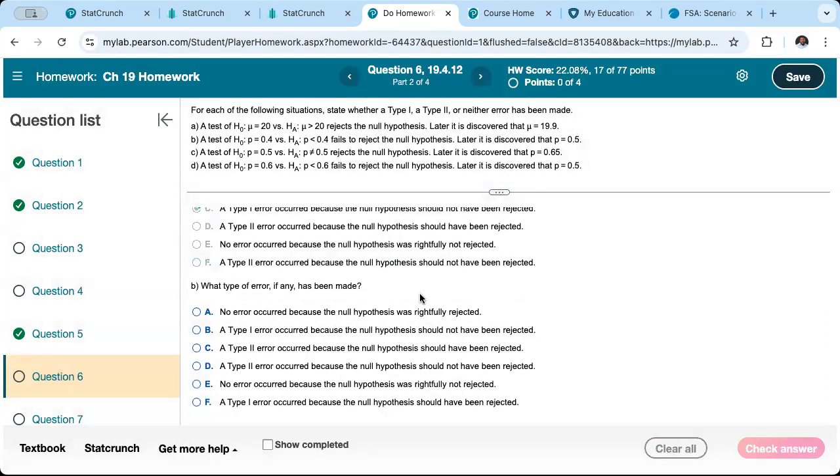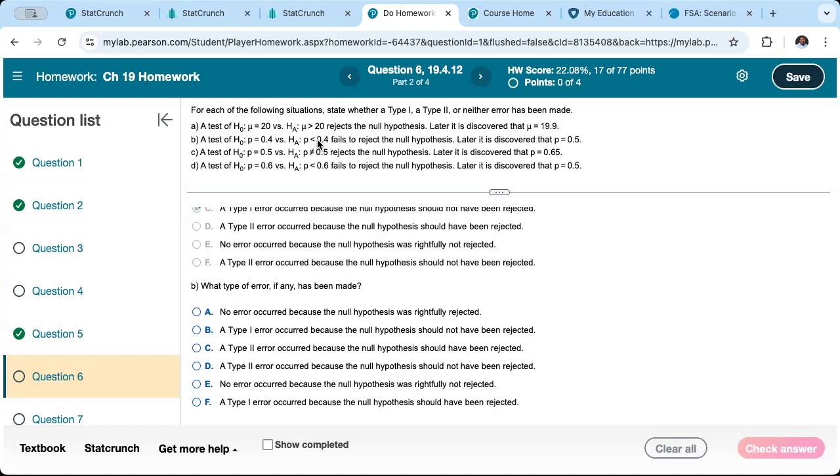Now let's get to B. B, this is hypothesis for proportion, right? P is 0.4. Is that okay? And the alternative is P less than 0.4.